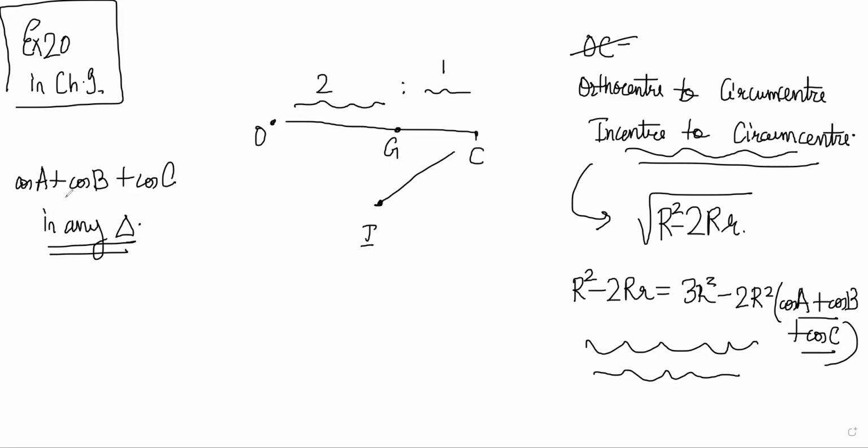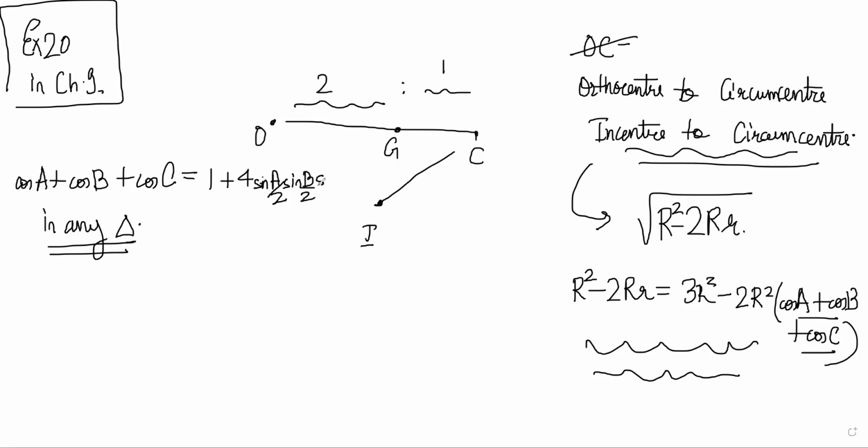Yes, sir. Which question? I don't remember the question number. Question number 6. What is it saying? 1 plus 4 sin A by 2 sin B by 2 sin C by 2. Cos A plus cos B plus cos C equals 1 minus 4 or 1 plus 4? So 1 plus 4 sin A by 2, sin B by 2, sin C by 2.